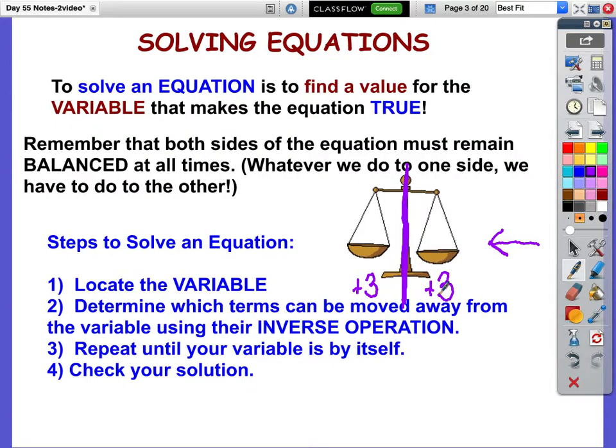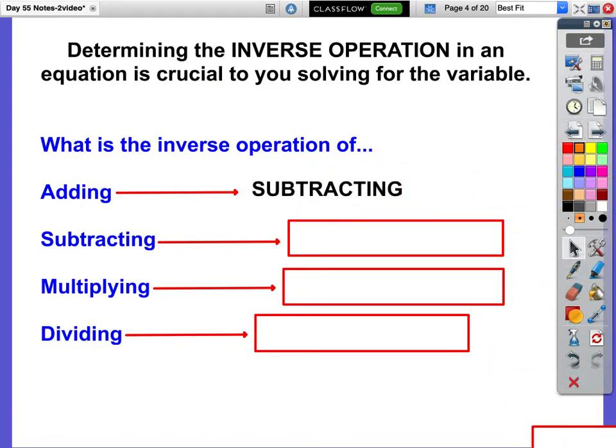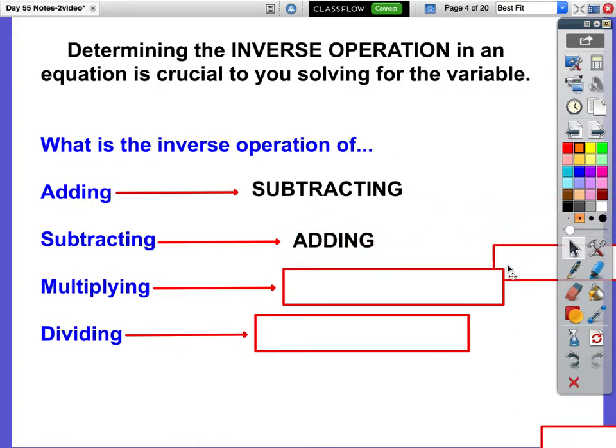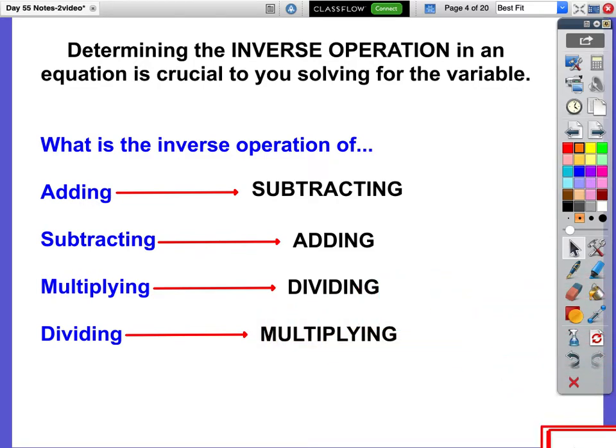Whatever you're doing to one side of your equation, do to the other side. We also talked about inverses. The inverse, or the opposite, of adding is subtracting. Those are inverses of each other. We talked about multiplication and division being inverses of each other.